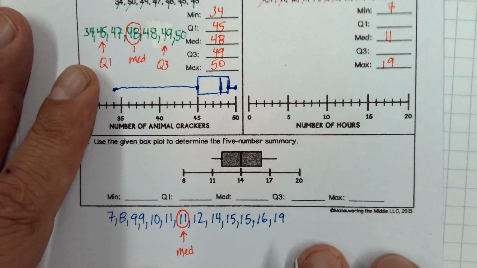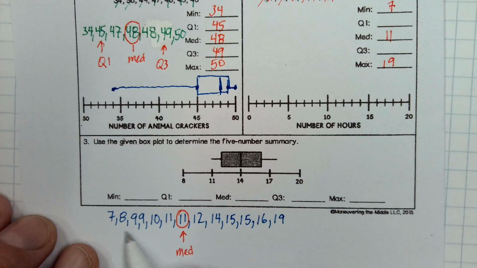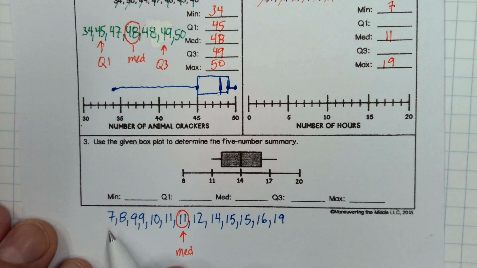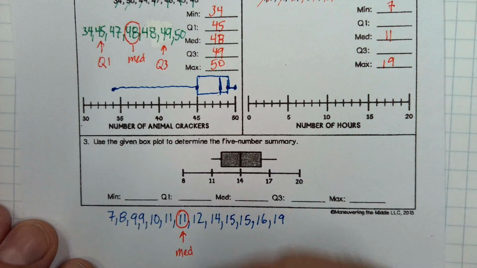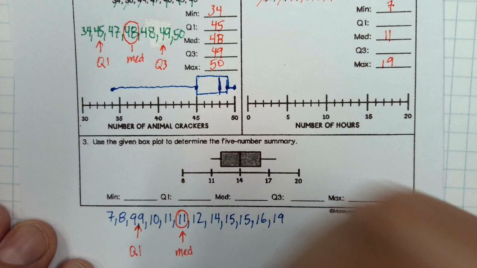Okay. Now, notice, look at this bottom half, guys. How many numbers are in the bottom half? Let's count them. 1, 2, 3, 4, 5, 6. We got 6 numbers. So if we find the midpoint between those numbers, where is it? Yeah, it's between the 9s. This is where Q1 is.